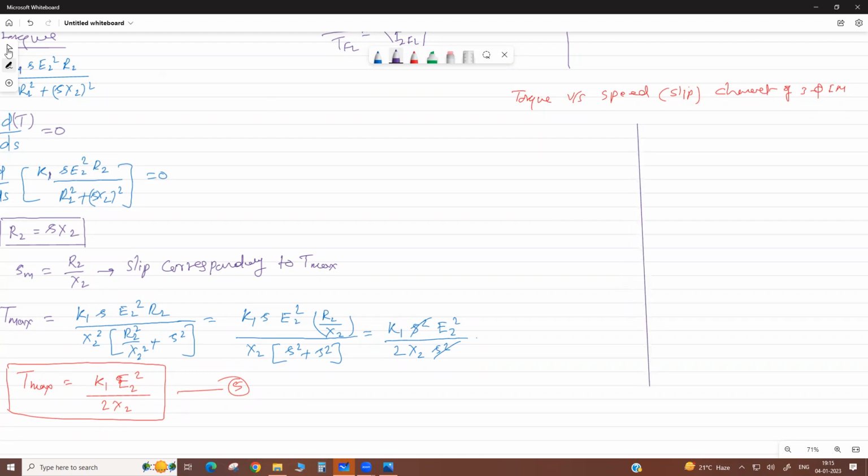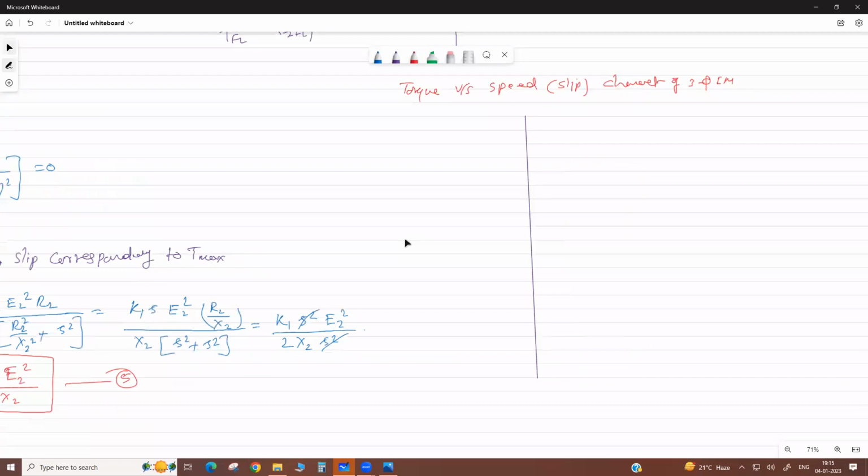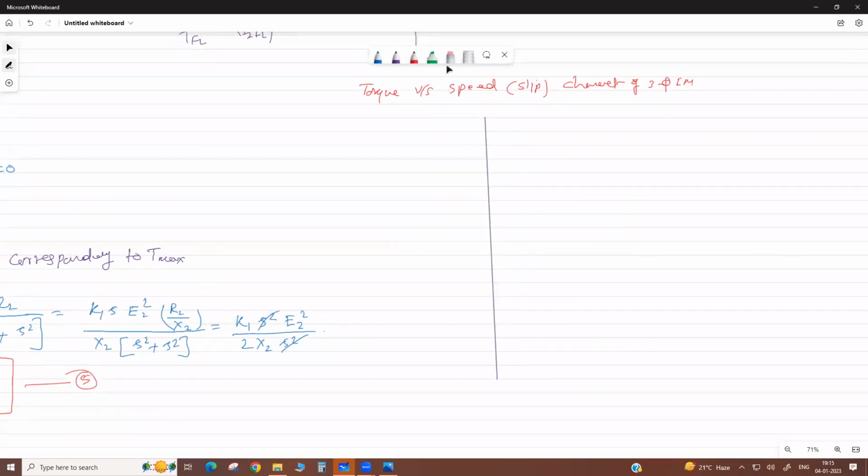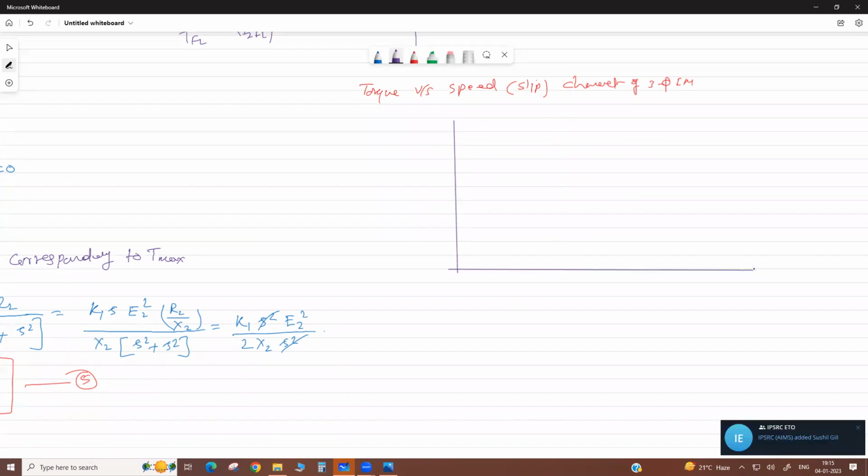Okay, dear. This is the zero line. Here speed is 0. It means slip is 1, the maximum. Maximum slip is 1.